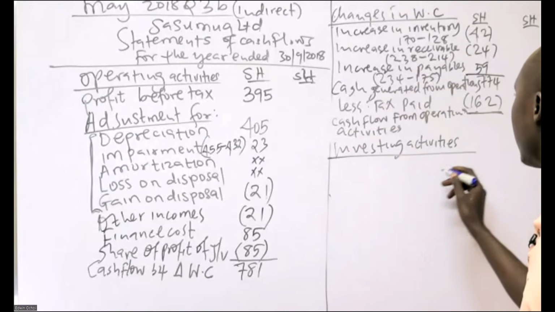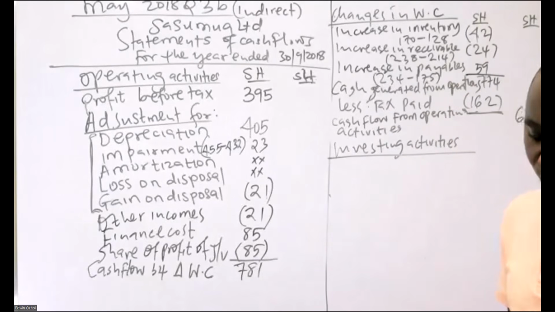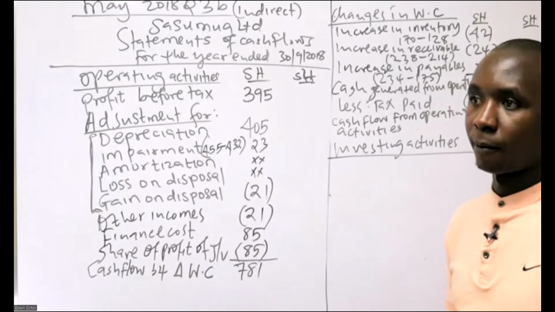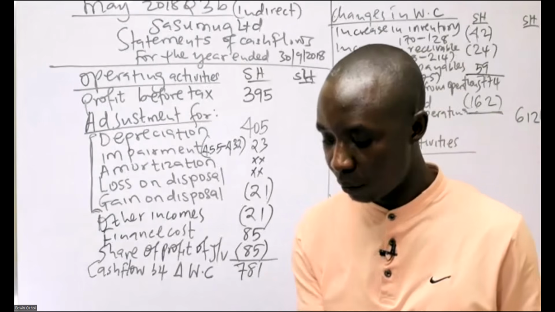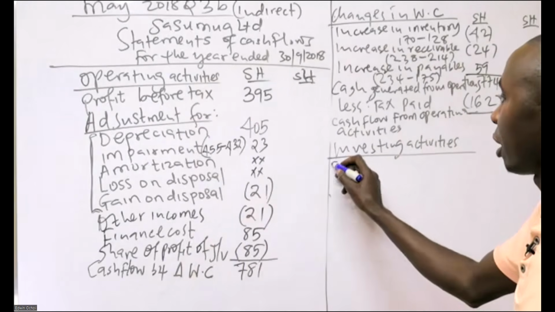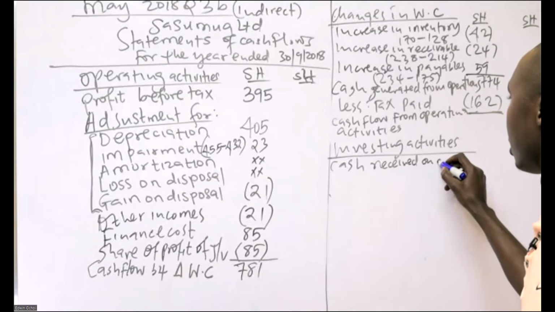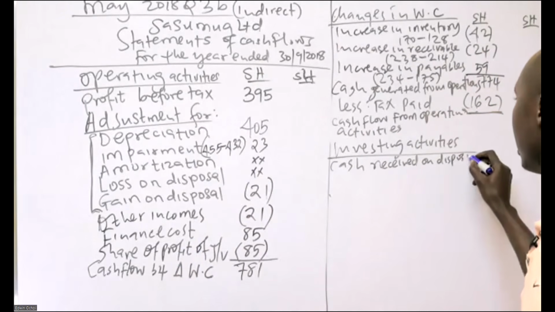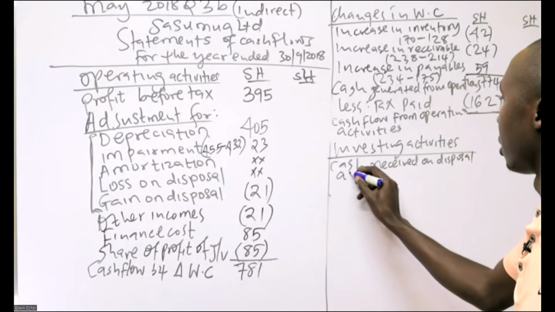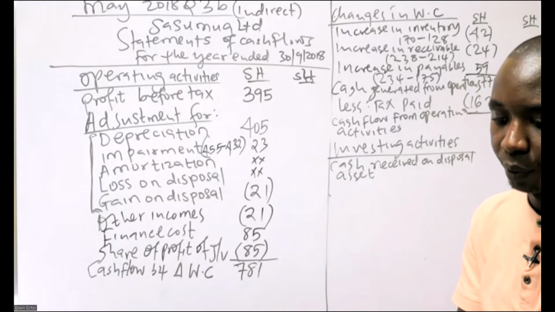So did they dispose any asset? They received any money? There was an asset which was disposed, and that information was given directly. Cash received on disposal of asset, note 1, the information we used in the disposal account.